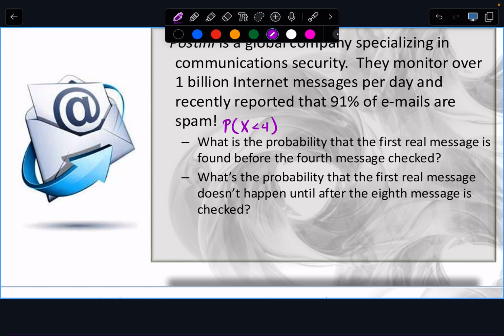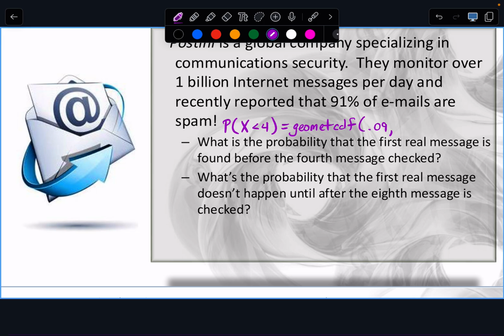Or in the calculator, this is where we would use that CDF function. So on the calculator, if you go into second vars, scroll up, select your GeoMet CDF function. We plug in our probability of success being 0.09. And then just like yesterday, this is where it gets a little bit tricky.